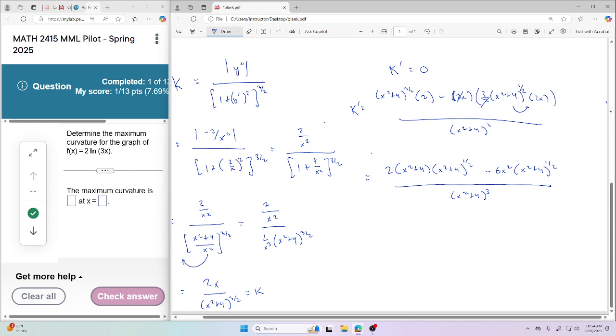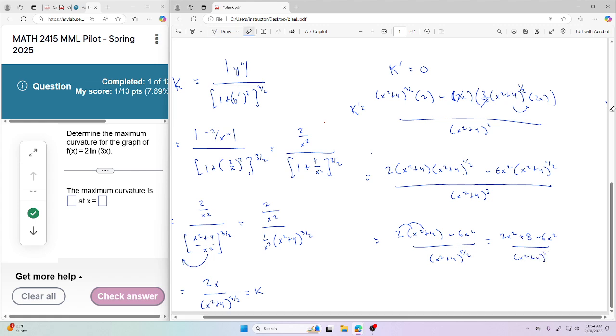Negative 2.5. So then would this be 5 halves down here? Because 3 would be 6 halves. I'm getting rid of one of those halves, like it's canceling it away. If I'm making a mistake, tell me.